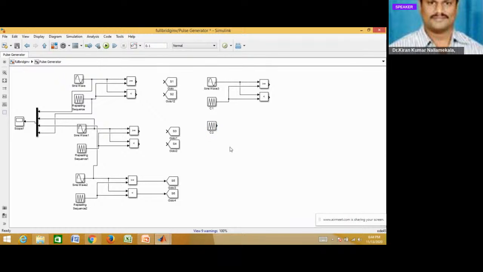If it is greater than the first carrier wave, then this is equivalent to plus VDC.